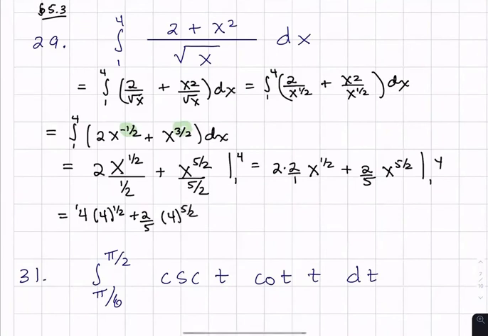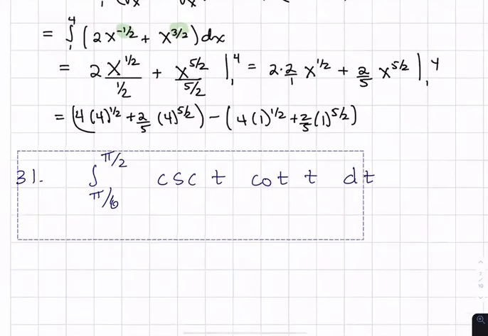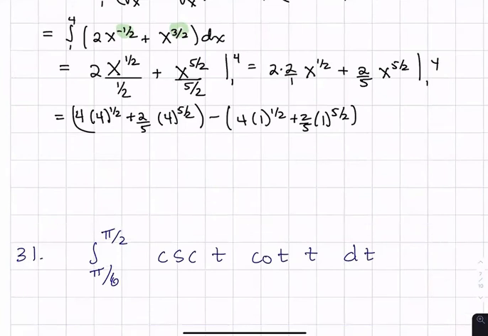Subtract 4, 2 times 2 is 4, 1 to the 1/2, plus 2/5 times 1 to the 5/2. Okay, so 4 to the 1/2 is 2 because the square root of 4 is 2. So I have 4 times 2.